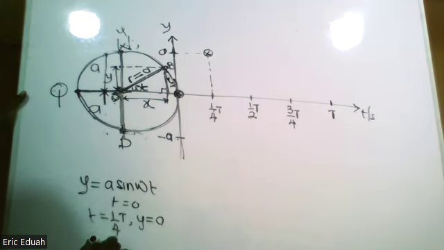Then at t equal to half of the period, y is equal to 0.